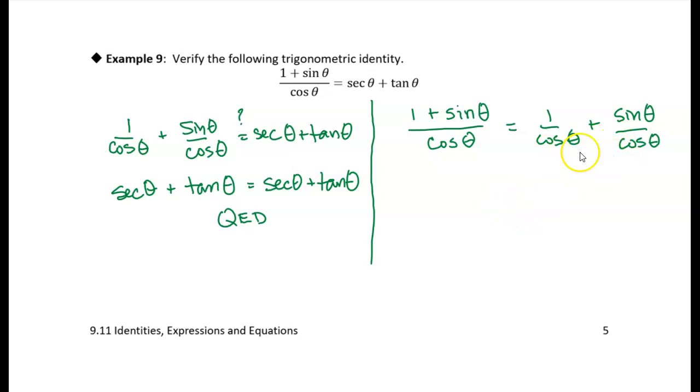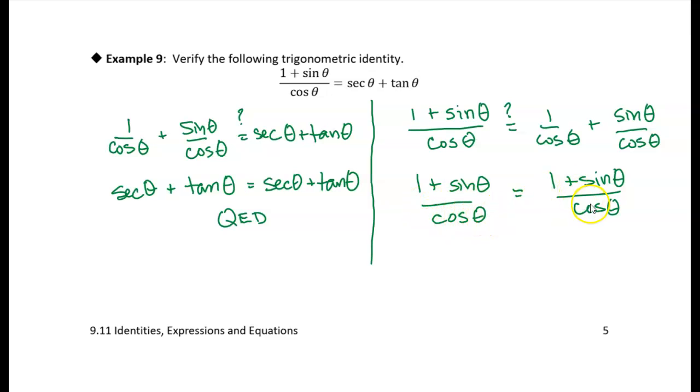Then I see I have a common denominator, and again, I'm asking, is this true? If I have a common denominator, then I can add the numerators. And so I get 1 plus sine of theta all over cosine of theta. Is that equal to 1 plus sine of theta over cosine of theta? Well, yep, pretty obvious now that that's true.